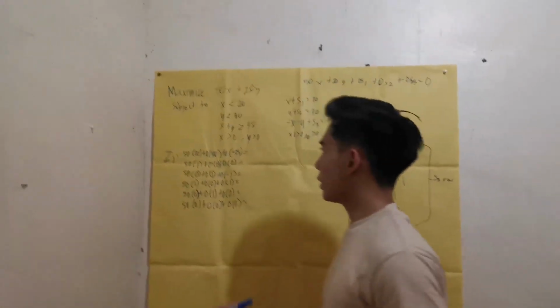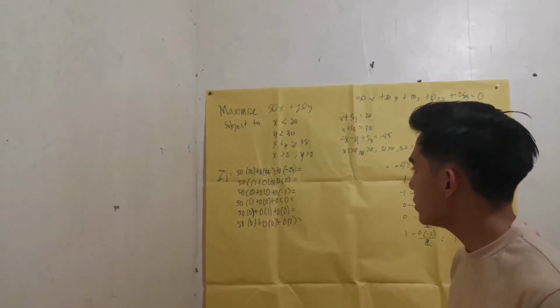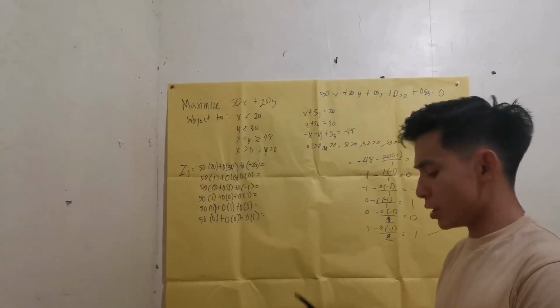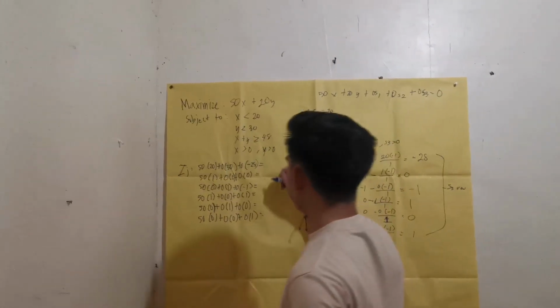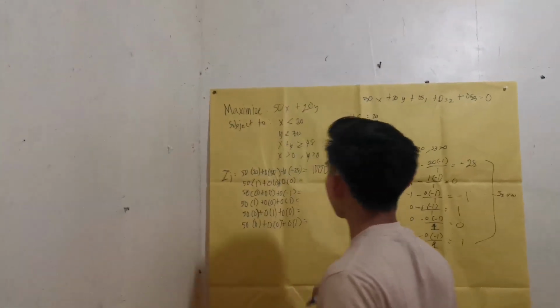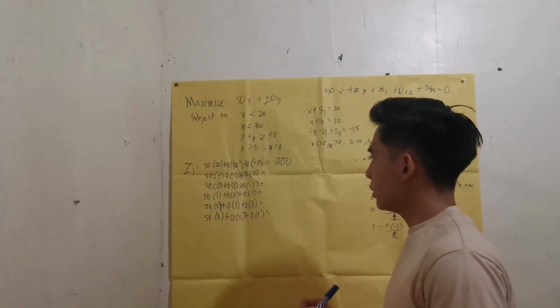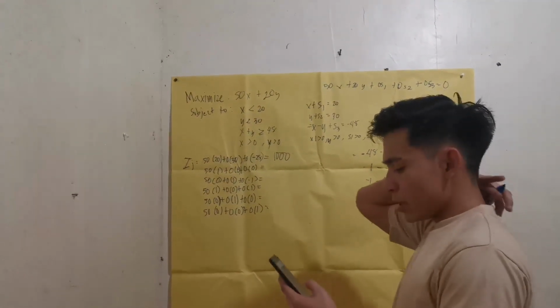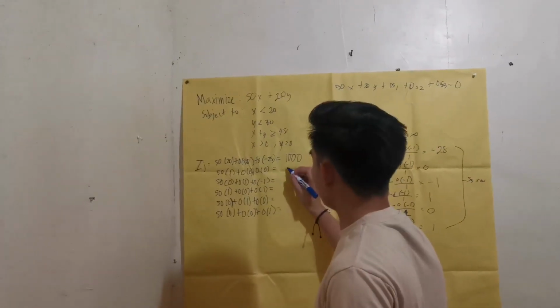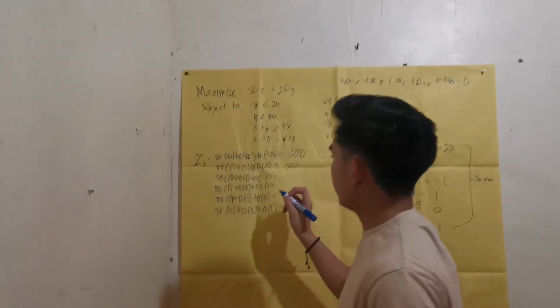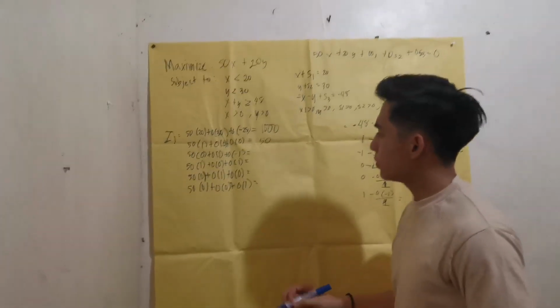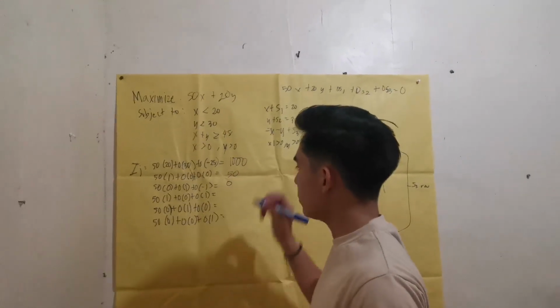So let's calculate this. 50 times 20, 0 times 30, plus 0 times negative 28 is 1,000. Then 50 times 1, plus 0 times 0 and 0 times 0 is 50. 50 times 0, plus 0 times 1, plus 0 times negative 1 is 0.